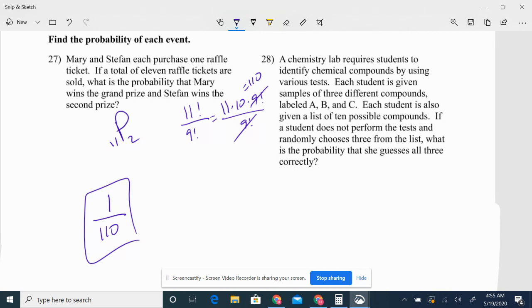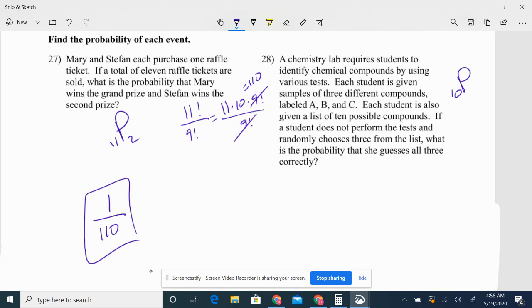If a student does not perform the test and randomly chooses three from the list, what is the probability that she guesses all three correctly? Now, order matters, right? The student has to choose three, labeled A, B, C. There's 10 of them, but order matters, right? Which one is A, which one's B, which one is C? Order matters. So I'm going to be looking at permutation here because order matters.